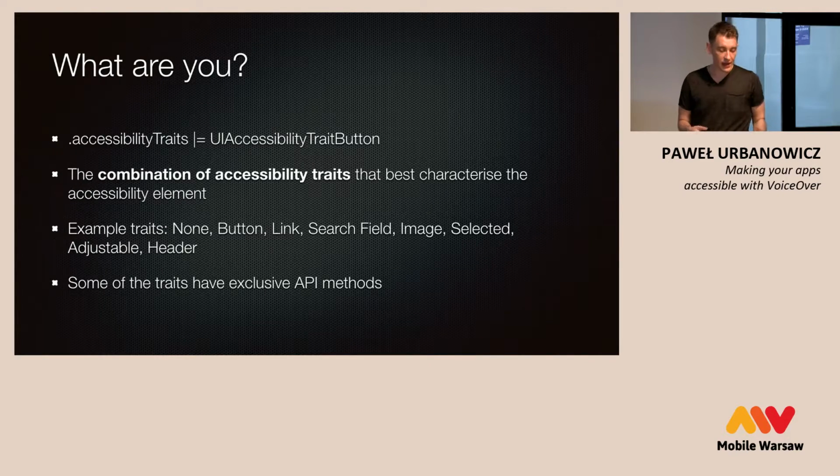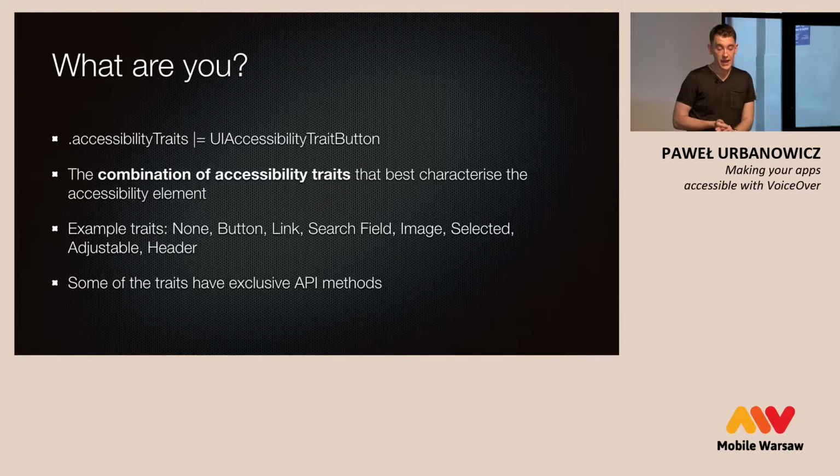There are traits like none, which is the default value. Button, link, search field, image, selected, adjustable, like I was telling you about the slider, or for example, header. There are many other traits, and some of the traits are very important for the rotors. So if you want to use the predefined rotors, remember to give appropriate traits for your controls.